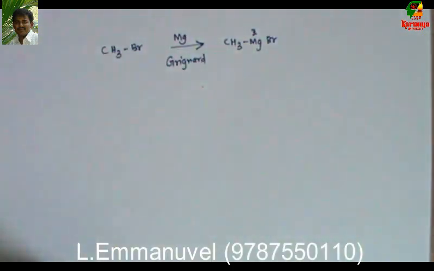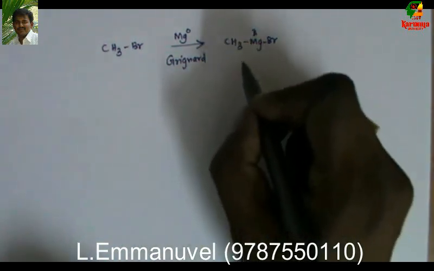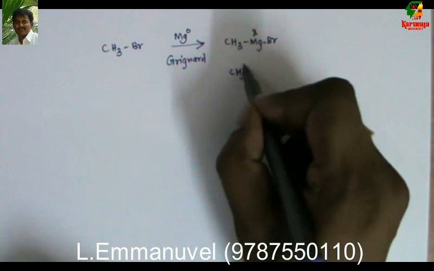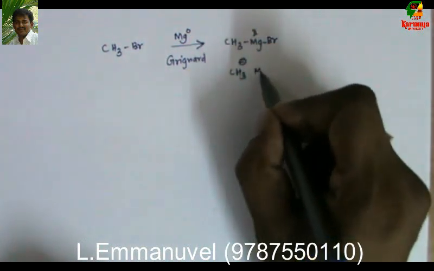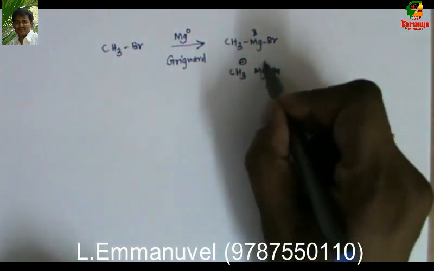Now it is magnesium 2 plus, here it is magnesium 0. Basically it is oxidative addition, but at that time the term oxidative addition was not that popular. After the discovery of palladium catalyzed reactions, we started to use that. In this, the CH3 has minus charge and the metal has plus charge.